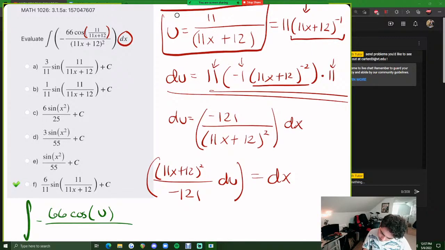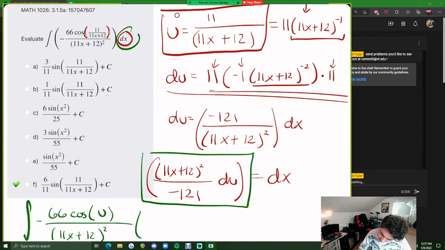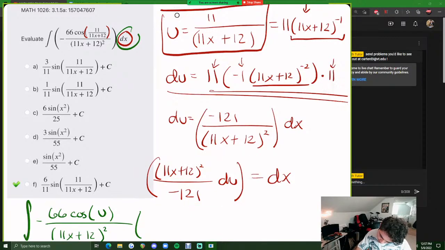And then we'll keep the denominator for the time being. We have 11x plus 12 squared, and then in place of the dx, again, is where we're plugging in 11x plus 12 squared over negative 121, and that's times du.